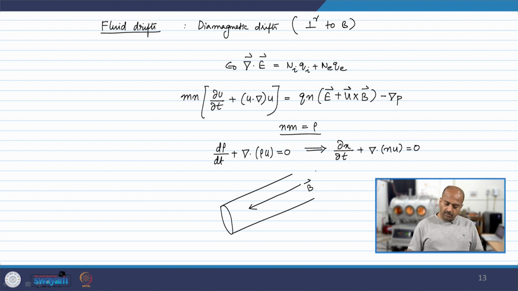This is the direction of the magnetic field and this is z cap. We take the pressure gradient to be in this direction. That means pressure is increasing inwards into this tube, into this geometry. The other coordinate is, let us say, phi cap.